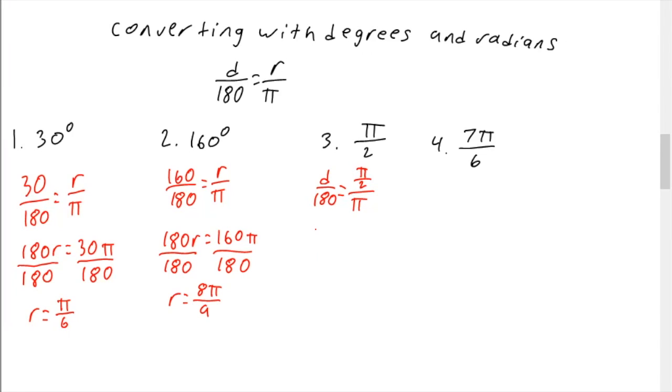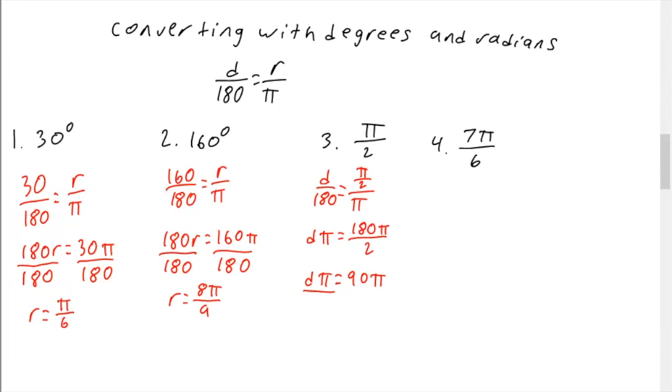So that will give us d pi is equal to 180 pi over 2. So 180 pi over 2 is the same thing as saying 90 pi.